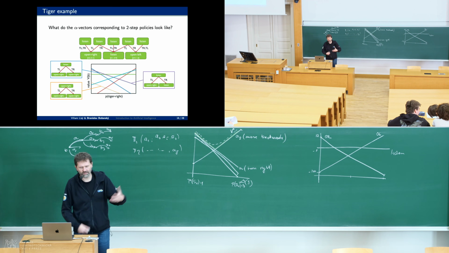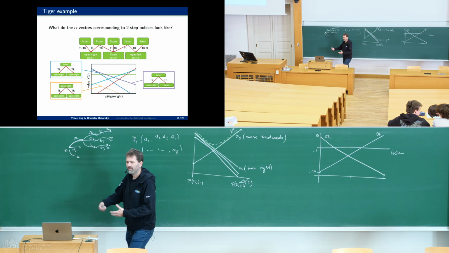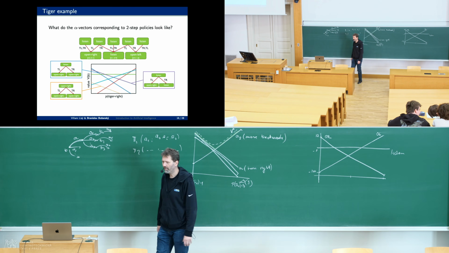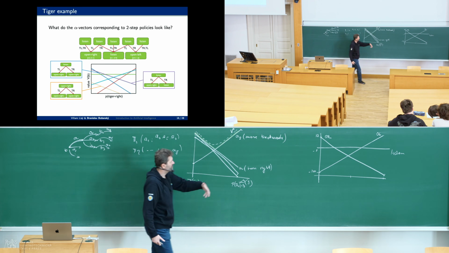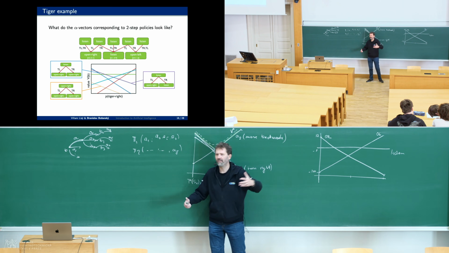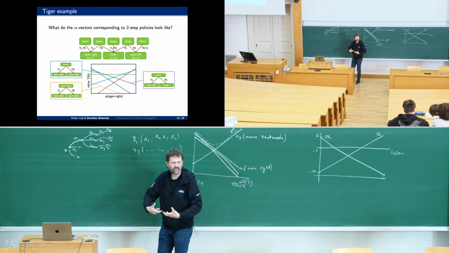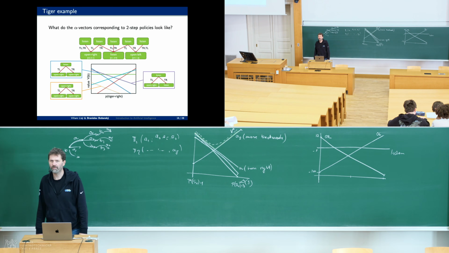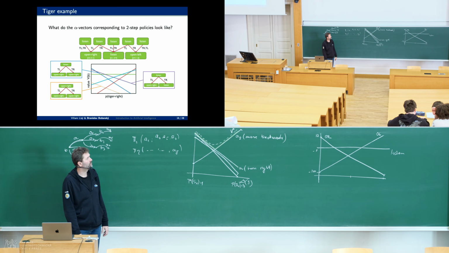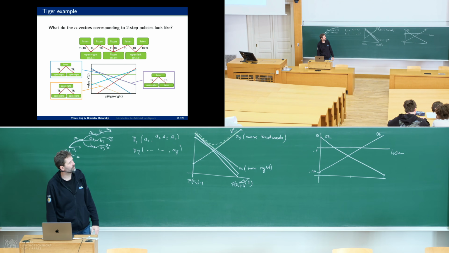These can be 2-step or multiple-step policies, and we can put all of them in our representation of alpha vectors. The more alpha vectors, the more policies we add, the more precise an approximation we will get of the true value of this POMDP.